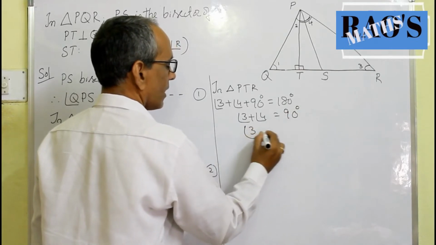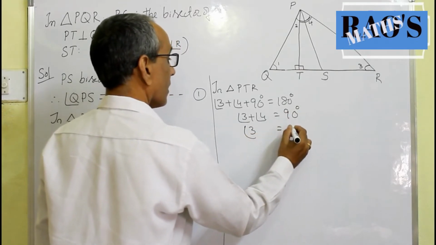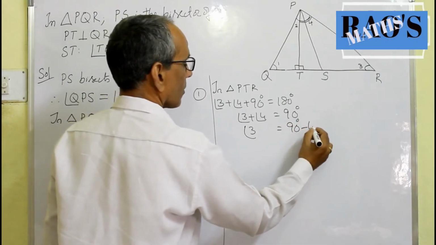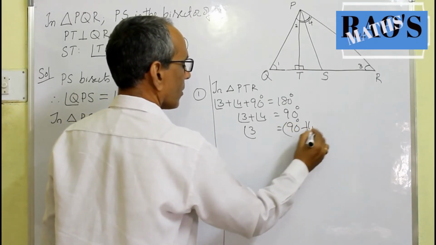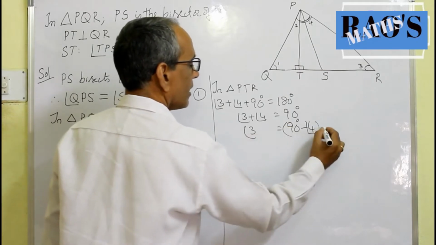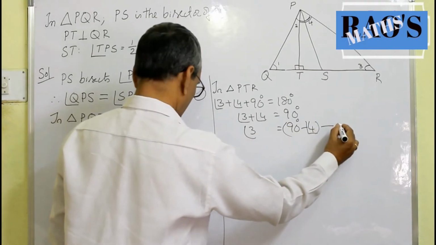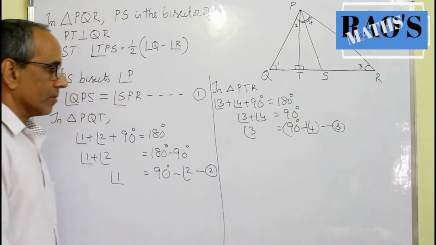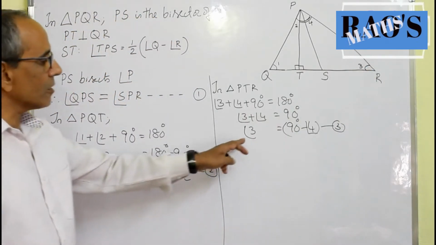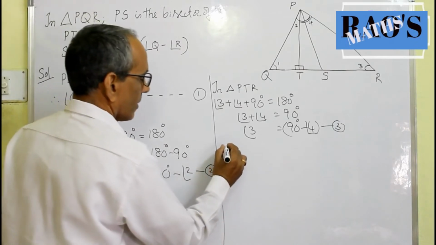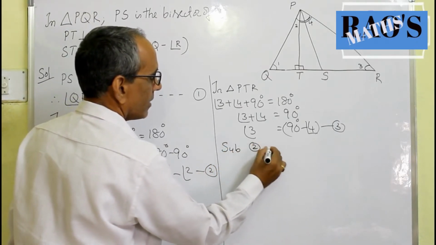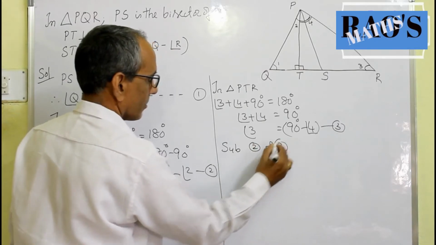So angle 3 is equal to 90 minus angle 4. Okay. So angle 3 is nothing but angle R. Now subtract the second and third statements.